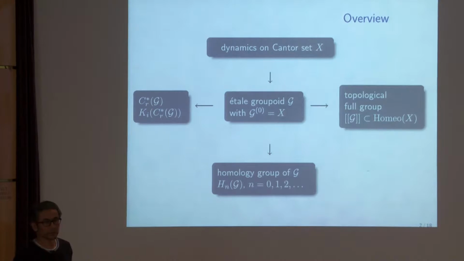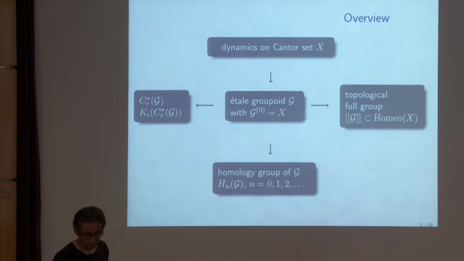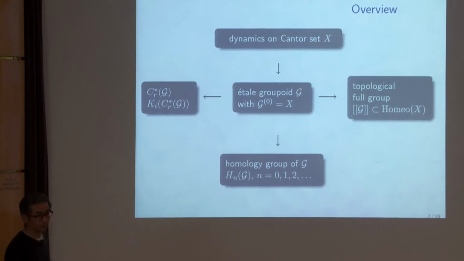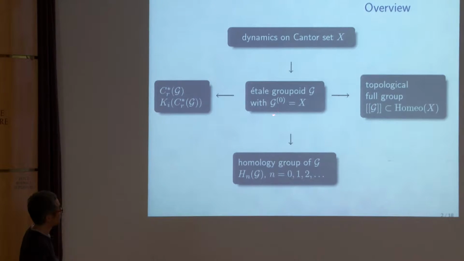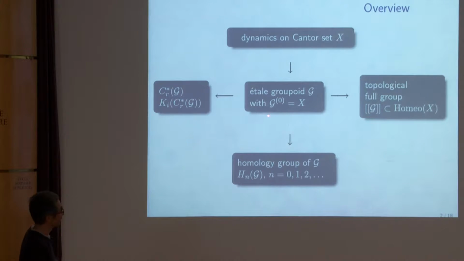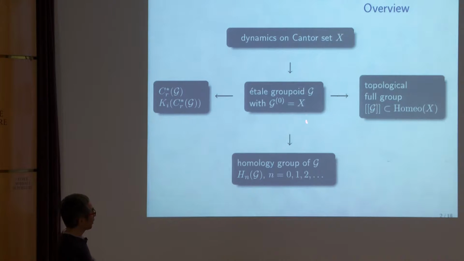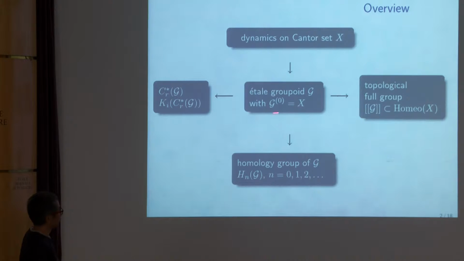Usually, of course, a group has a unique unit, but a groupoid has many units, and they form the space of units, the unit space G0. And this space is naturally identified with this Cantor set X. And from this étale groupoid, you can find there are three arrows.